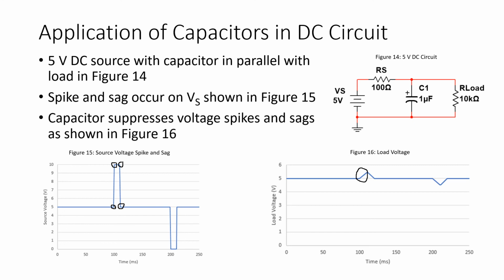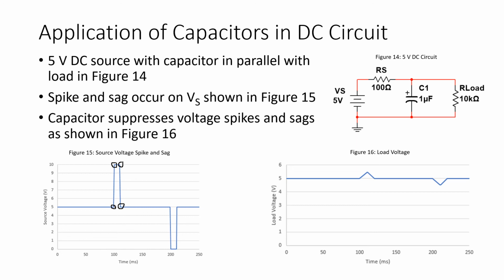So when the voltage drops from 10 volts to 5 volts, the capacitor voltage decreases and the subsequent load voltage decreases. So even though we see a 5 volt spike on the source voltage, the load only sees an increase of about 0.5 volts.